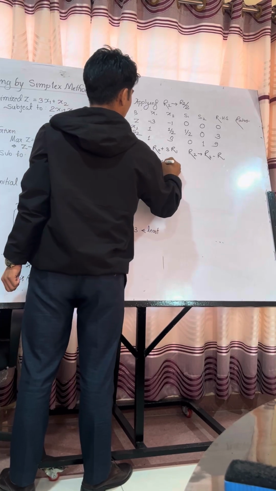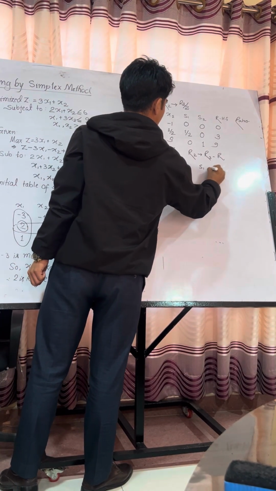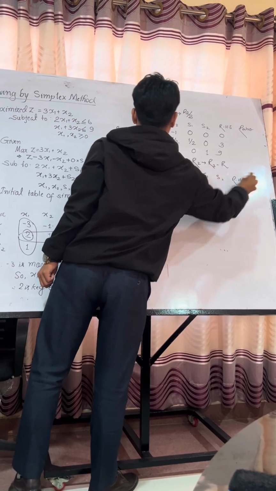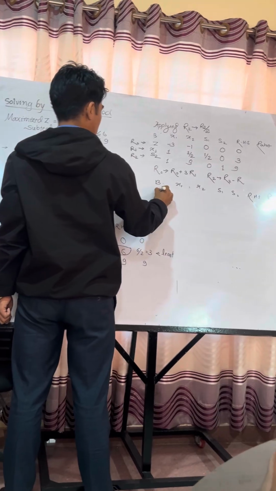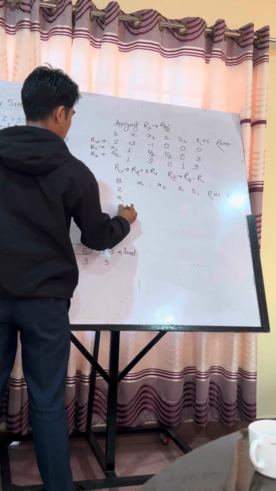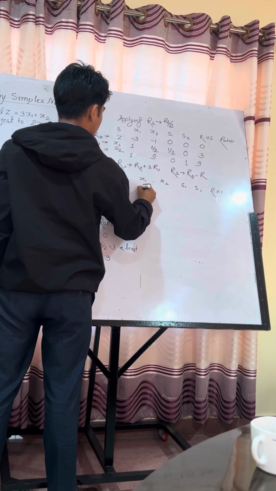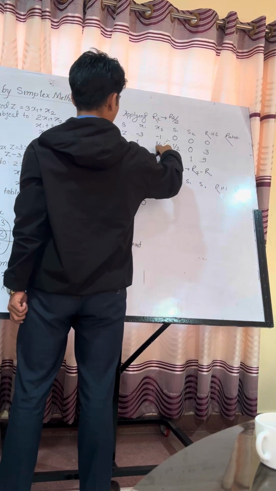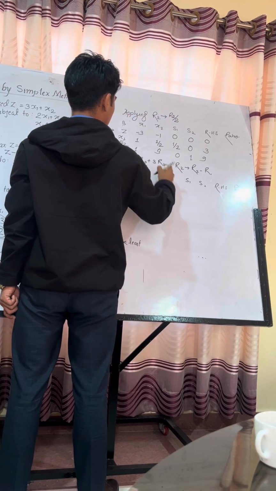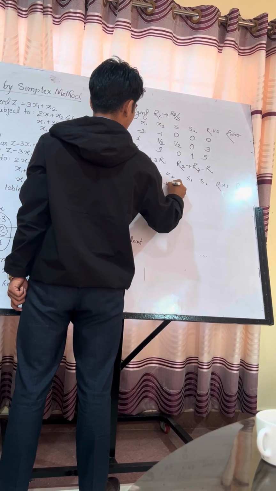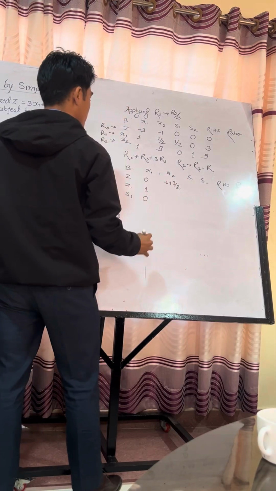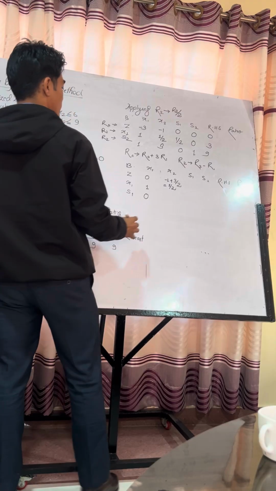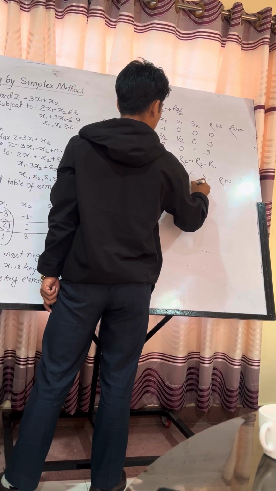Basic variables x1, x2, s1, s2, RHS and ratio. Let's see what we get after applying this. In the Z row we get 0, then minus 1 plus 3 times 1 by 2, so the result will be 1 by 2, and the S1 entry will be 3 by 2.